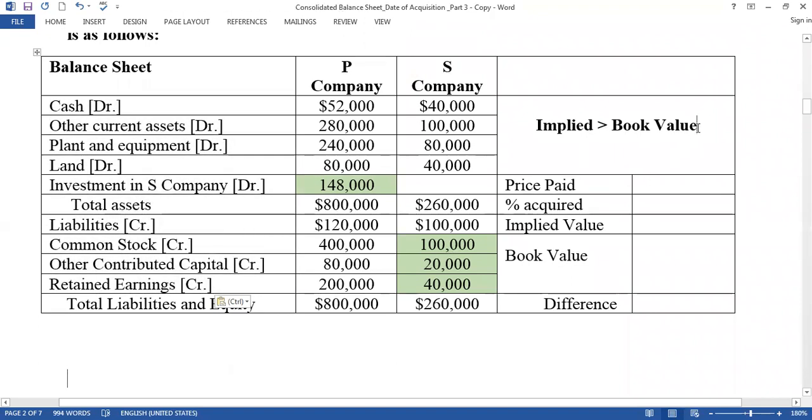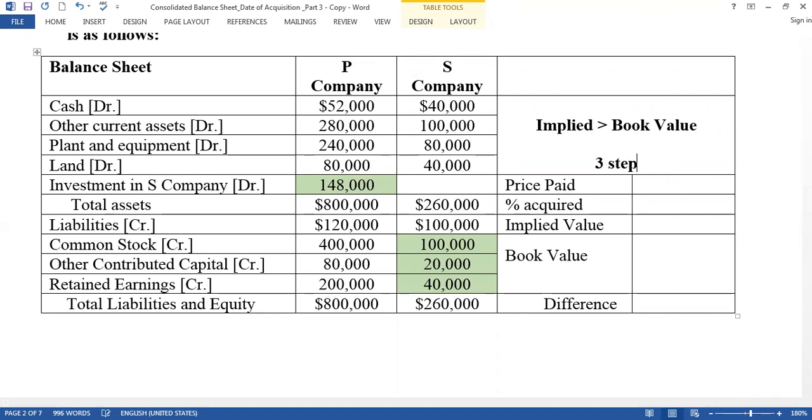Now we have to follow the 3 steps. Last lecture, I talked about the 3 steps to calculate the difference. We are going to use these 3 steps to calculate whether we have any difference or not.